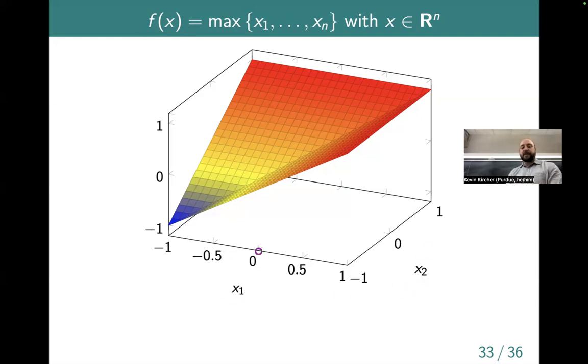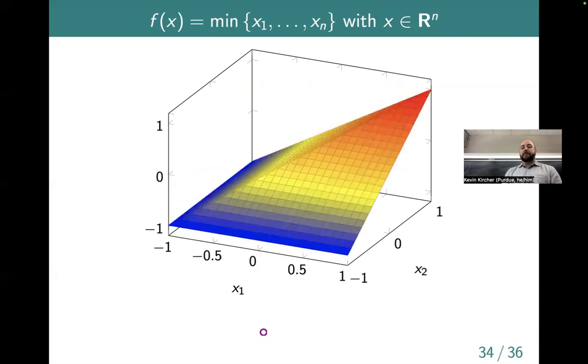So if we fixed a value of x1 and looked at this thing only as a function of x2, it would look kind of like an absolute value sort of thing. It would have kind of a kink in it. But that's fine. That's a convex function, even though it's not smooth or differentiable. Okay, so this is convex, and we would call it element-wise non-decreasing. So non-decreasing in each of the arguments, x1, x2.